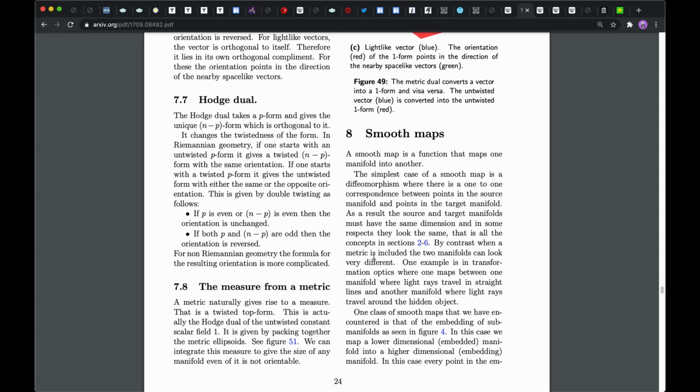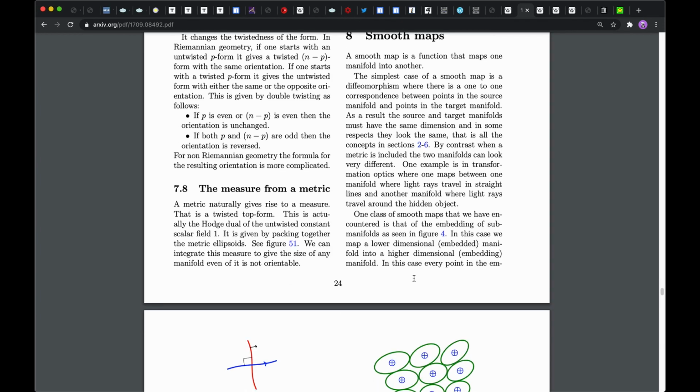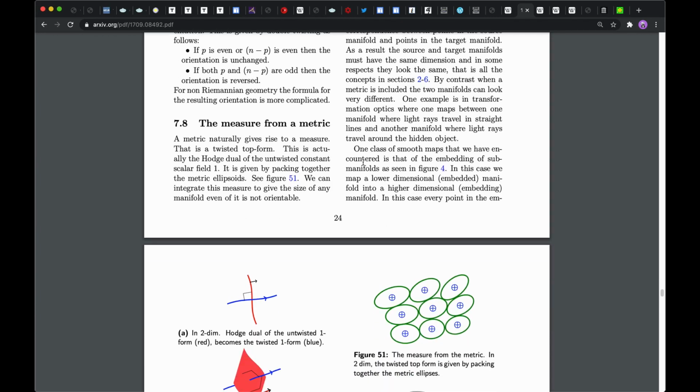By contrast, when a metric is included, the two manifolds can look very different. One example is in transformation optics, where one maps between one manifold. I don't understand that example, so let's just skip that.